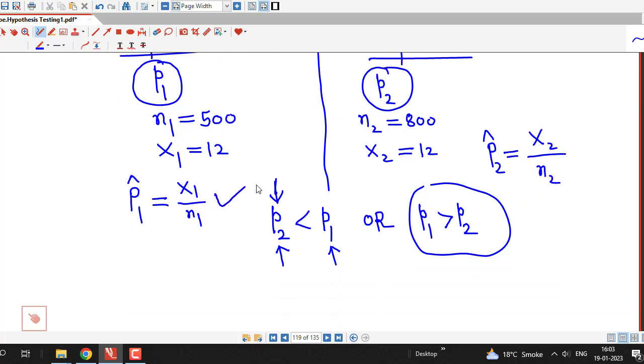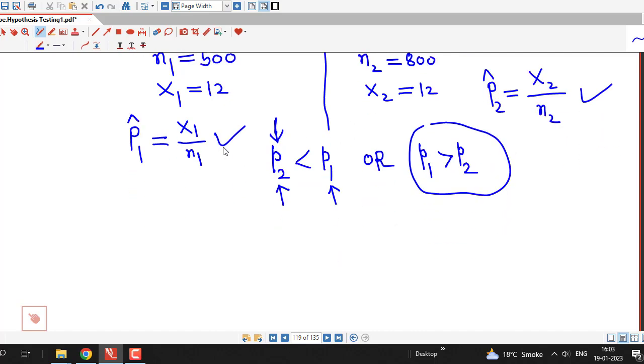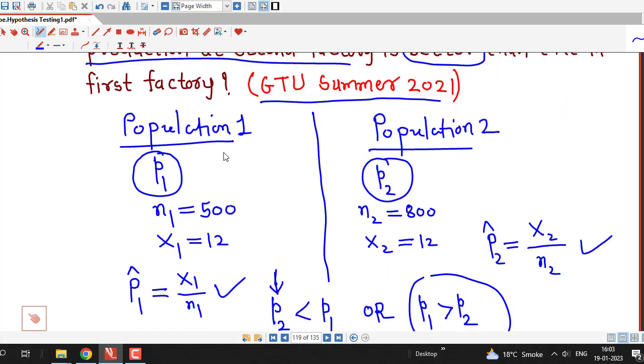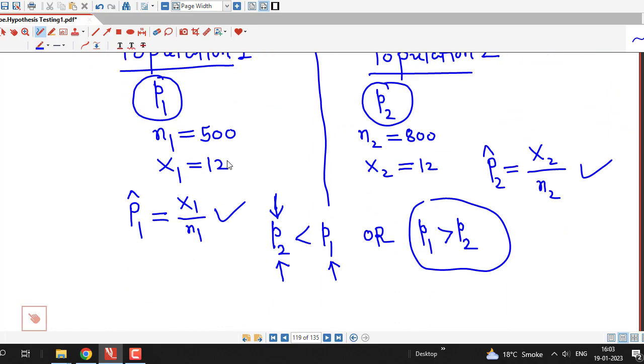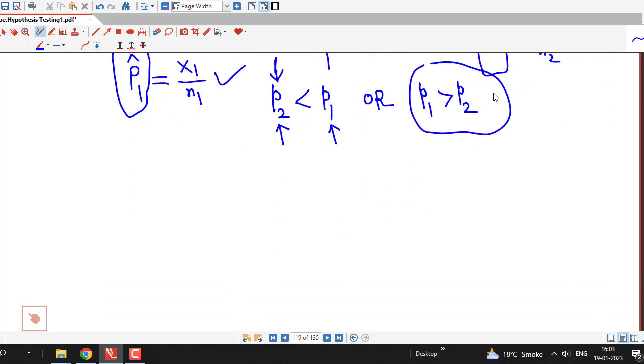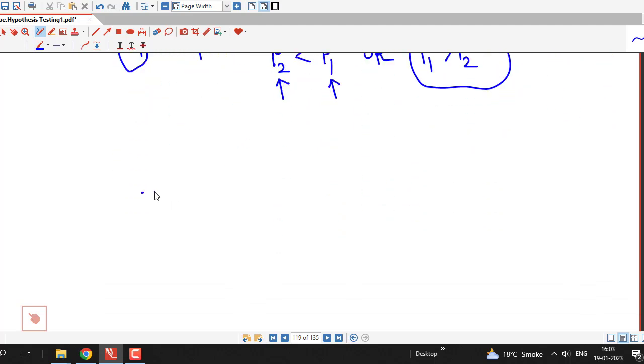We can find these values using this information, and now we have to apply a large sample test for difference of proportions.